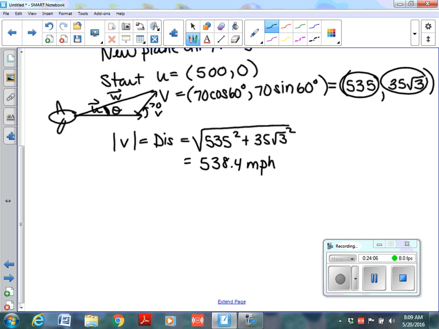And the angle that it makes is tangent inverse of y divided by x. I did that wrong.